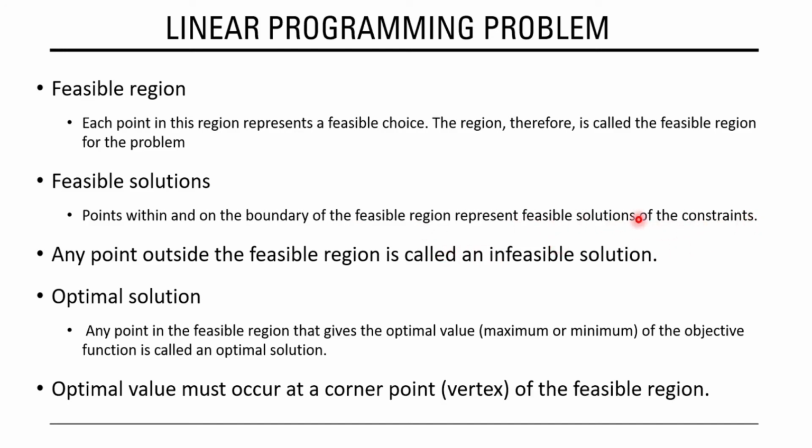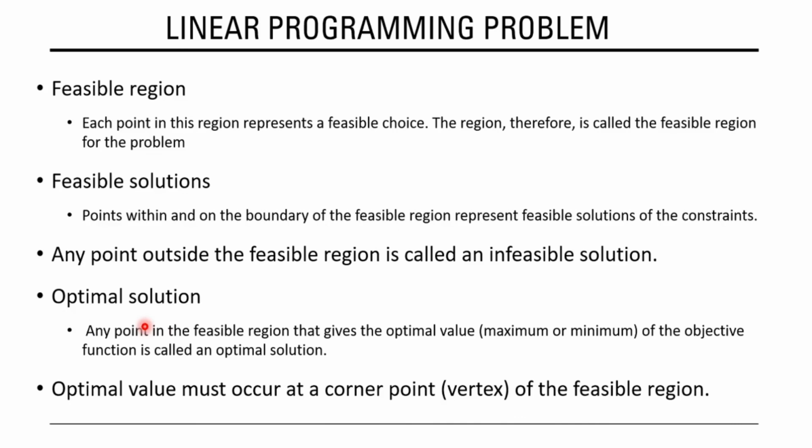We call these feasible solutions because all these points will satisfy the given constraints. Any point outside the feasible region is called an infeasible solution because that point will not satisfy the given constraints.